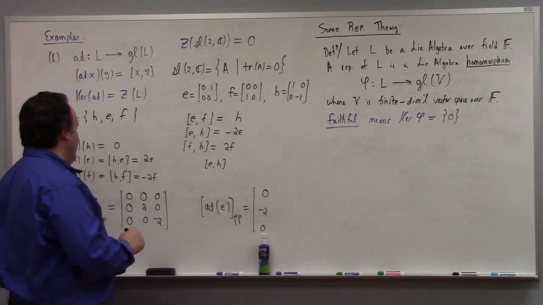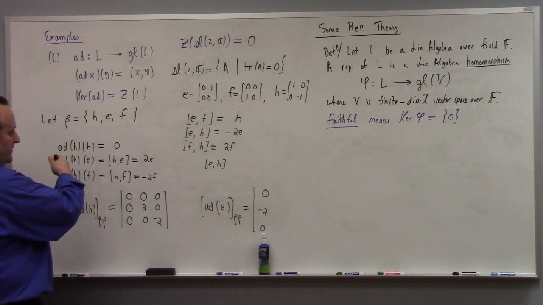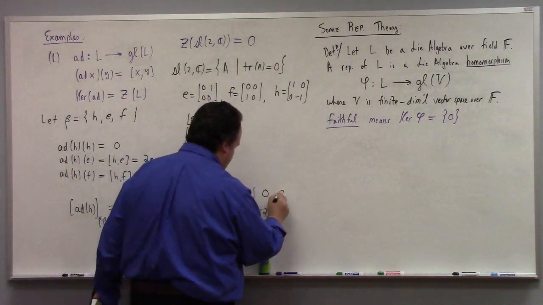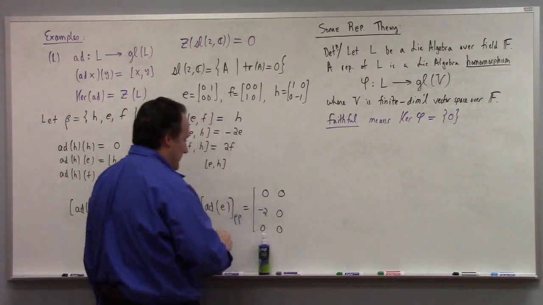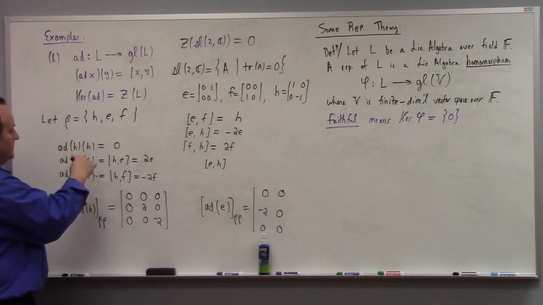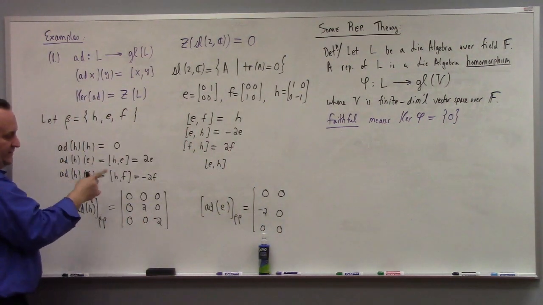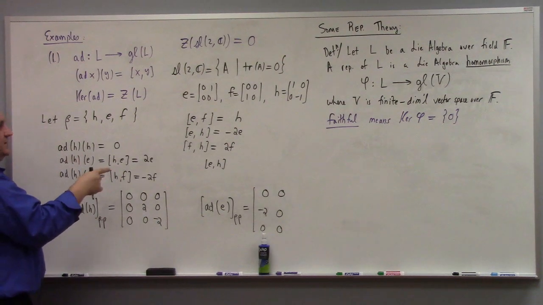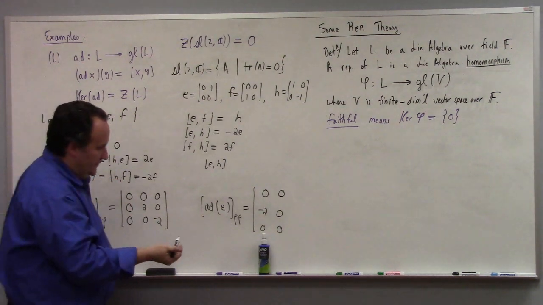And then E with E, so the second one's 0, because E with E is 0. The second column's the E column. The third one is E with F. E with F is H, which is 1, 0, 0, I think.